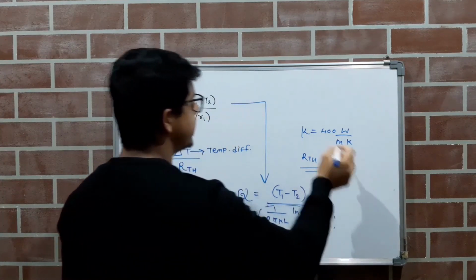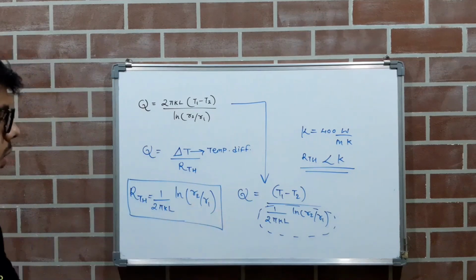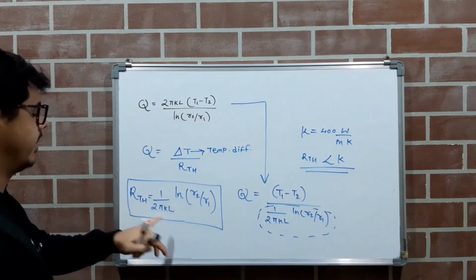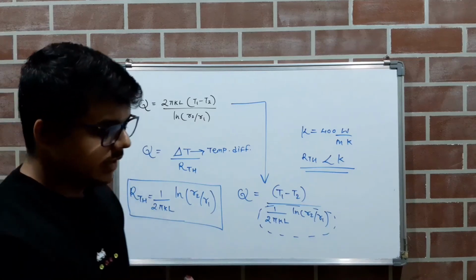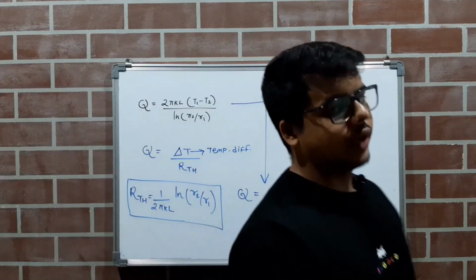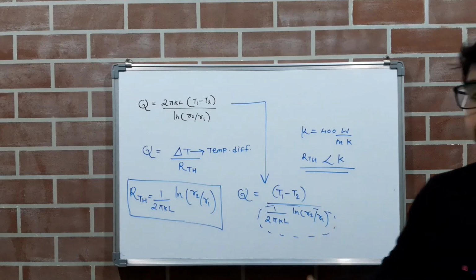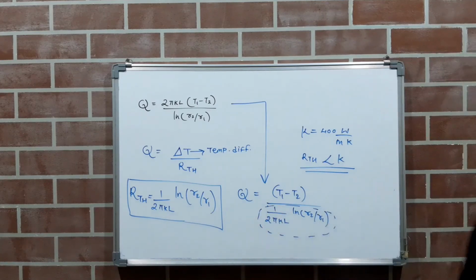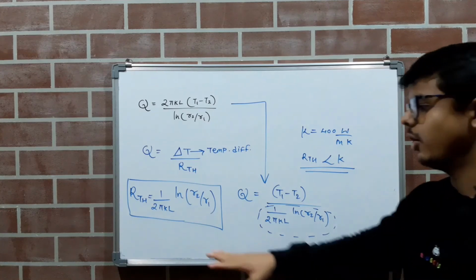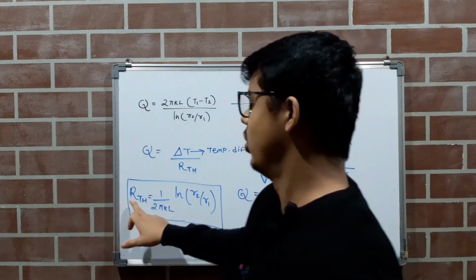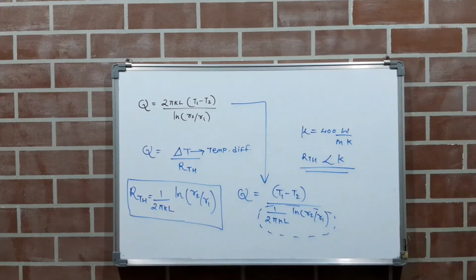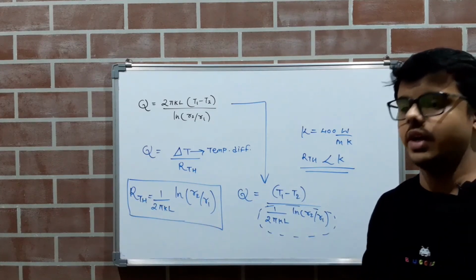If K is greater, then RTH will be lower, or vice versa. That means more value of K suggests that our material is conductive and helps in conduction, and less value of K represents more value of RTH, and it indicates that our material is an insulator or bad conductor, right?